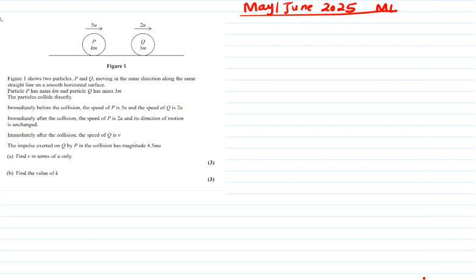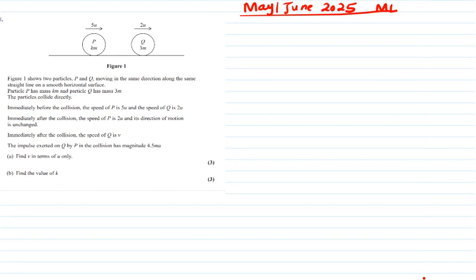Now, you've been presented with two particles, P and Q, with masses km and 3m respectively, each moving with initial velocities of 5u and 2u respectively. You're told that these particles collide directly, and that the direction of motion is unchanged.